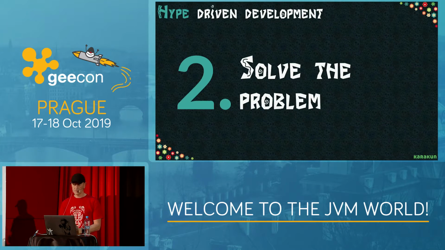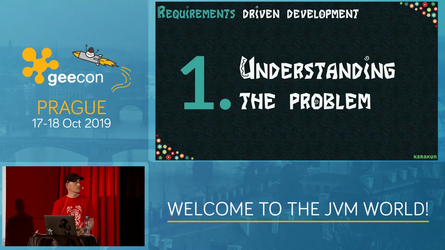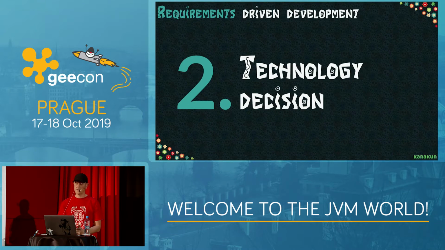And that's what I see. It's not one case. I had that at least 5 times this year where we come to companies and they work like this, which is really crazy because I thought it should be more requirements-driven development, right? So that means, first of all, you try to understand the problem. Then you make the technology decision. Means if it's a project that's worth going on the web, then use web technology.